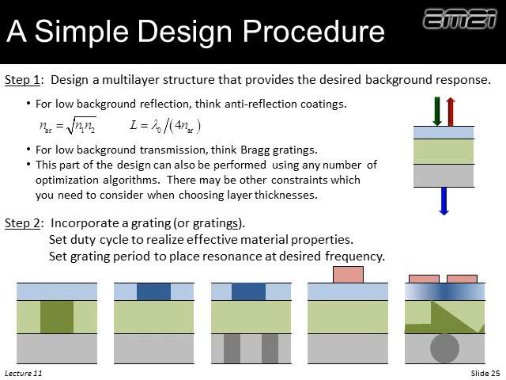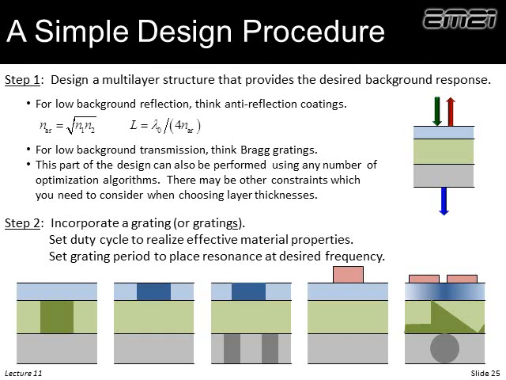That's step one. Next, we incorporate a grating into this stack, and hopefully one of those intermediate layers has a higher dielectric constant or higher refractive index than something surrounding it, so that we also have a waveguide, because we need a waveguide and a grating. But the next thing, we introduce this grating, and we go back to that lecture where we talked about sub-wavelength gratings, and we would calculate duty cycle to realize an effective dielectric constant or an effective refractive index in that layer.